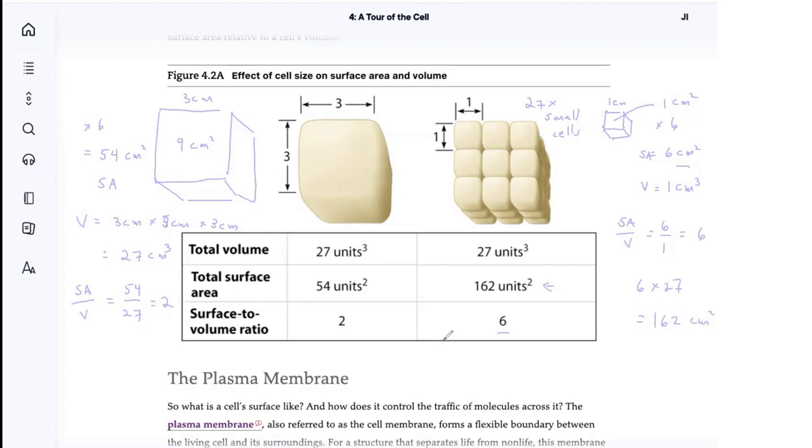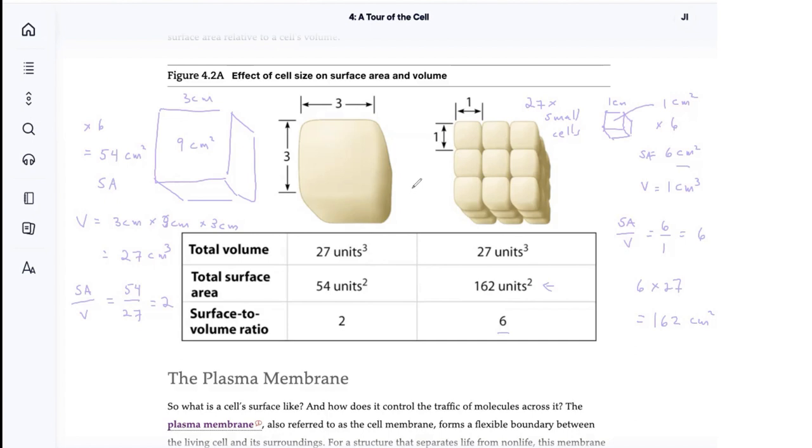The rationale here is that cells stay small because there's a way they can increase in total volume without sacrificing surface area to volume ratio, and that is by keeping the cell small and just increasing the number of cells as opposed to increasing the size.